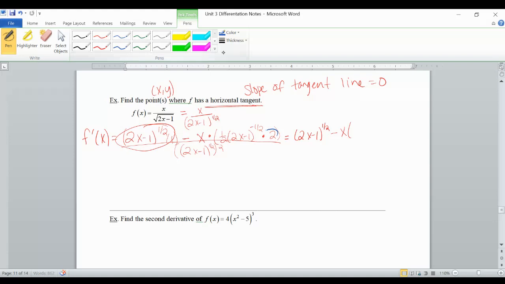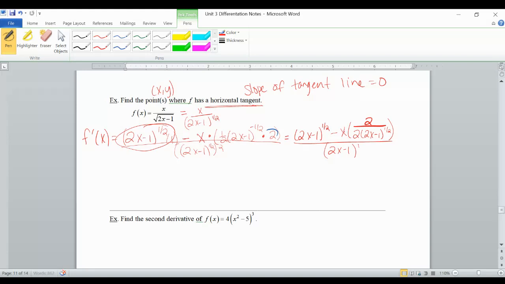So when I do this problem, I have to keep that information in the numerator. So I've got 2 over 2 times (2x minus 1) to the 1/2 power, all over 2x minus 1. When you take (2x minus 1) to the 1/2 and square it, 1/2 times 2 is simply 1. So I can leave it like that.